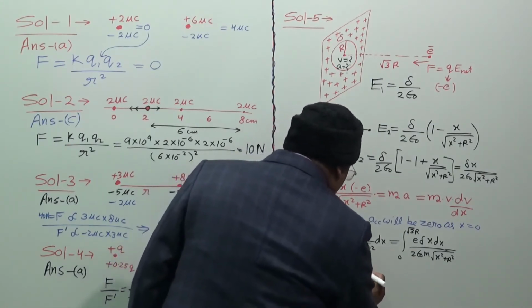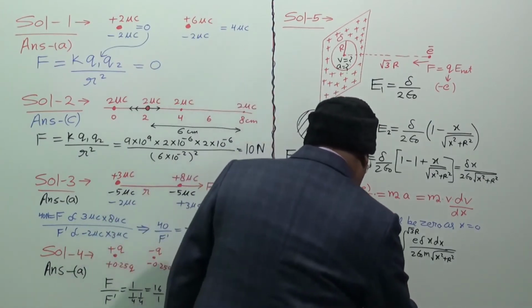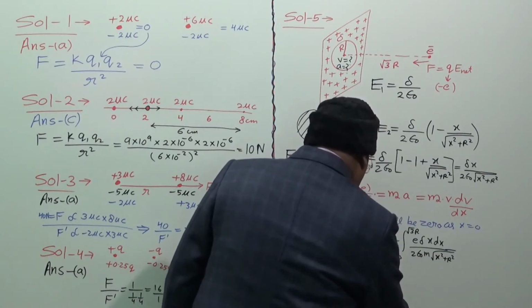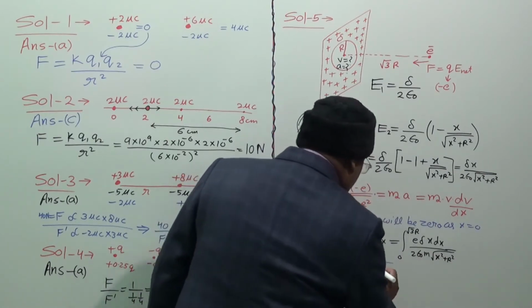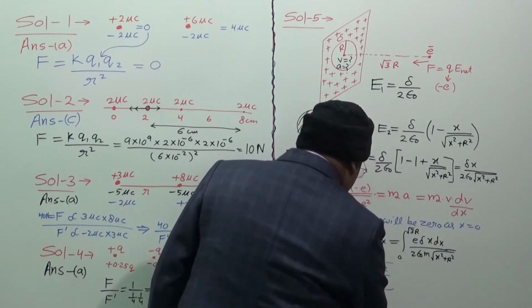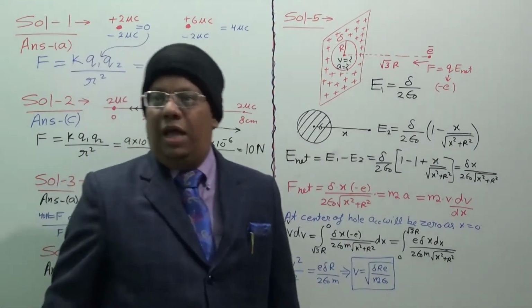Thus, V is equal to under root small sigma r e by m epsilon naught. This will be the answer.